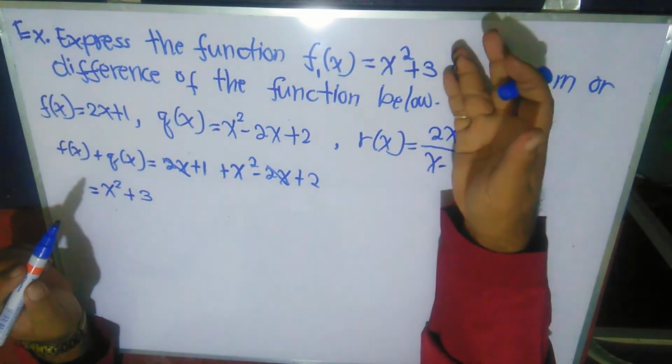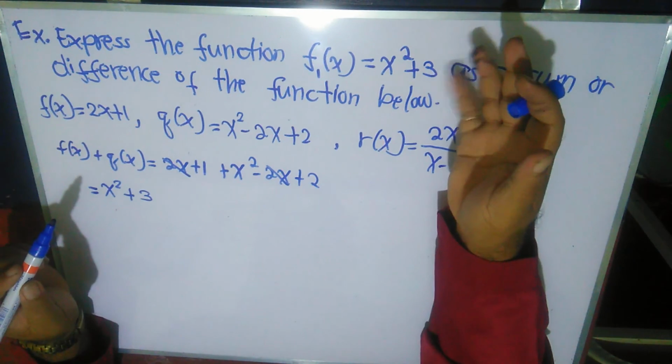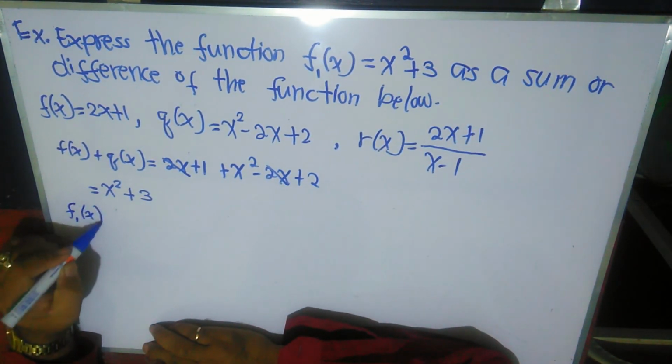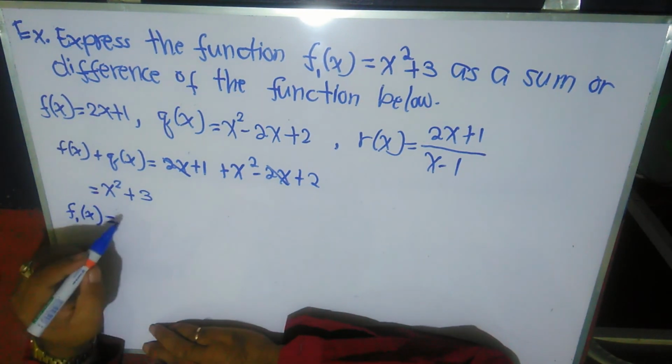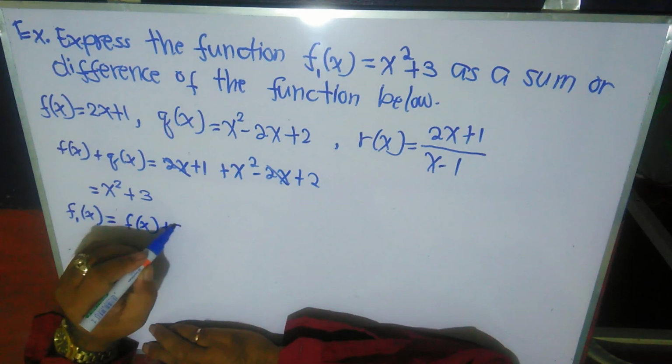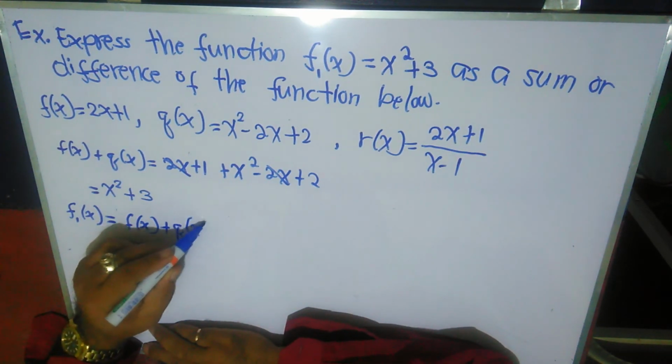So therefore we got this, meaning f sub 1 of x is the sum of f of x plus q of x.